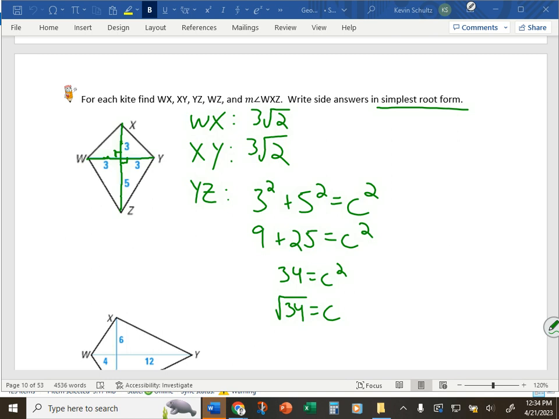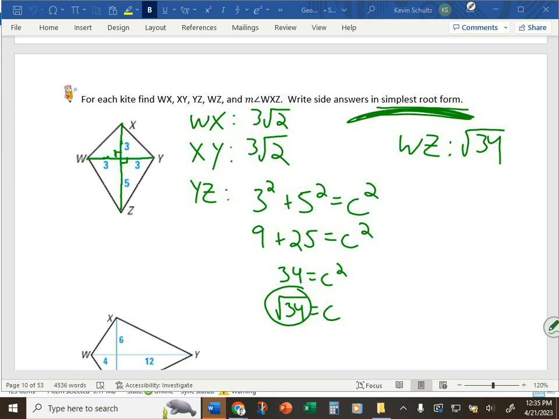No, there's no perfect square factor. If you can't simplify it, then the root of 34 stays the root of 34, and that would be your answer for YZ. We use the Pythagorean theorem to find that. You also have to find WZ. Same thing: YZ is root 34, so WZ is root 34.